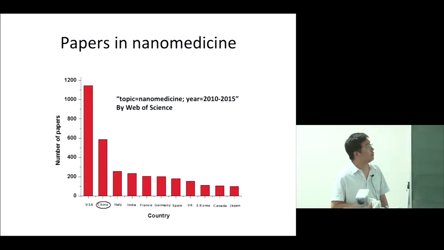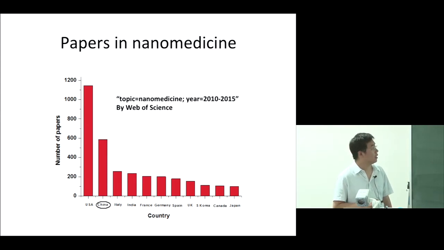In the recent 5 years, we can see papers about nanomedicine published in the journals. I searched this topic, nanomedicine, from 2010 to 2015 in Web of Science. As you can see in this picture, United States scientists published many papers, more than 1,000.